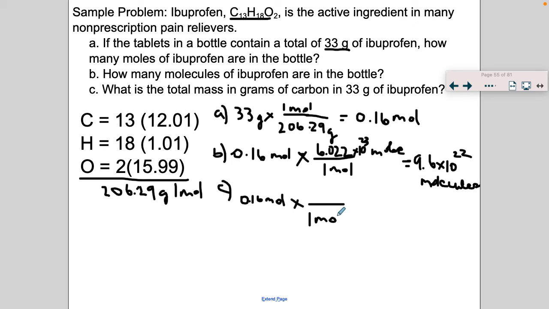Oh God, this is going to get so messy. All right, I'm just going to write it all out. C13H18O2. They want to know how much carbon, right? So how many moles of carbon do I have in ibuprofen? 13. So you put 13 moles here.